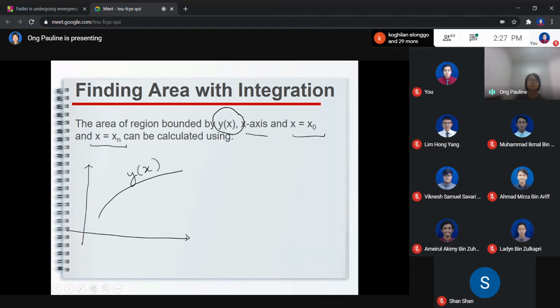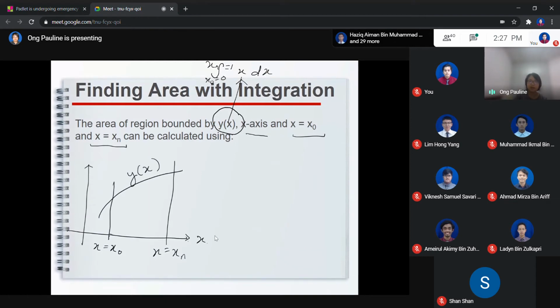In the previous example, I gave you y equals x, and we were actually solving the integral from 0 to 1 of x dx. So this is y(x), this is x naught, and this is xn. I have x equals xn here, and I also have the x-axis here.